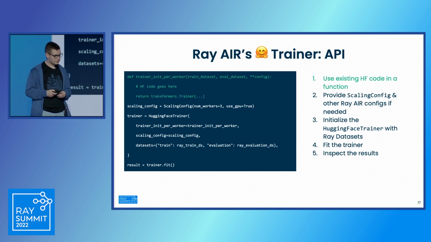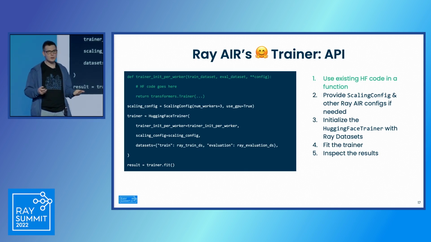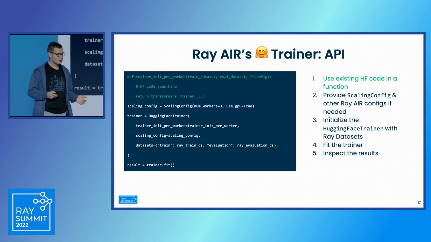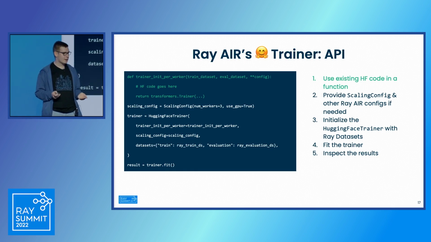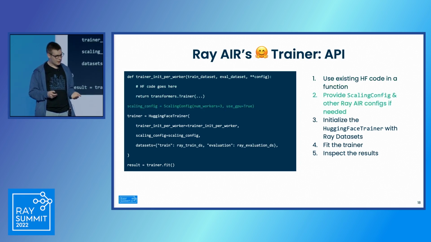First of all, we use the existing Hugging Face code in a function. So we are not reinventing the wheel here. We take your existing Hugging Face code, or you can take code from a Hugging Face example. All you need to do is put it in a function, and return the trainer from Hugging Face. Then we need to provide the scaling config and other Ray AI Runtime configs as needed.